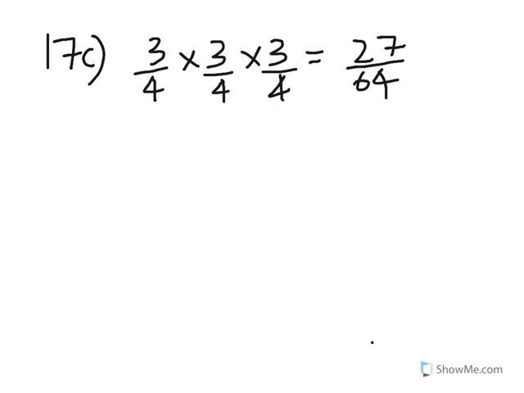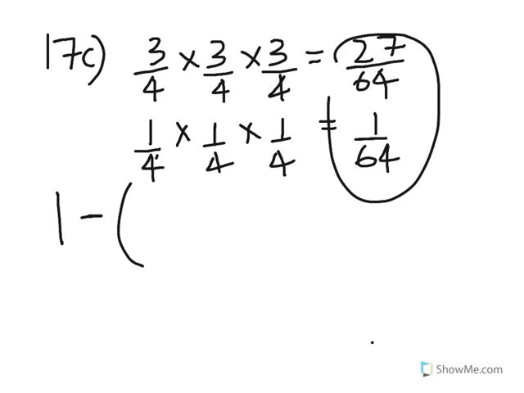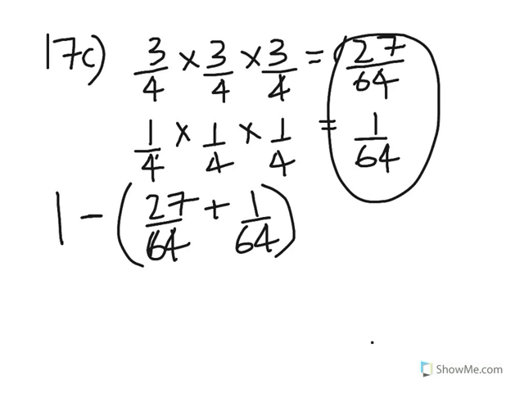Then you calculate the probability of him missing all 3, which is 1 over 4 times 1 over 4 times 1 over 4, which is 1 over 64. Since probability adds to 1, 1 minus these probabilities added together, so 27 over 64 plus 1 over 64, will give you the probability of scoring 1 or 2 goals, because these are the only 2 probabilities not included in that probability.